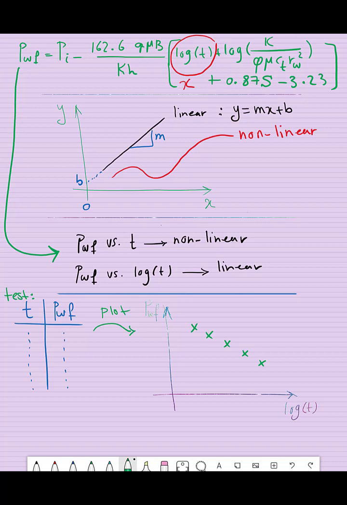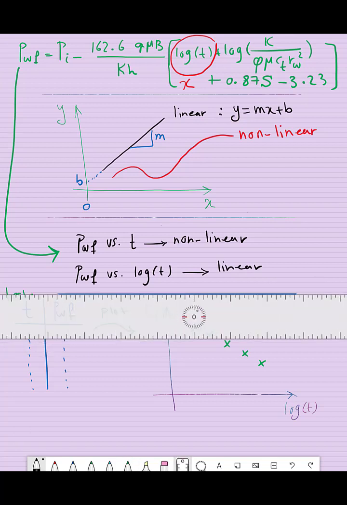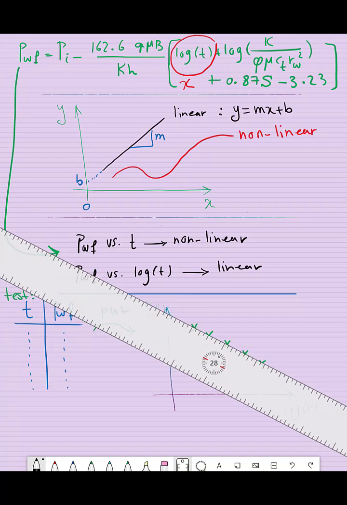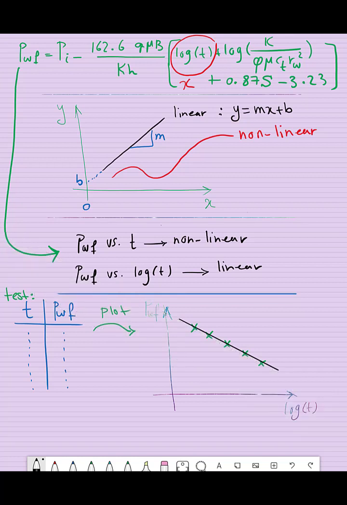So why not I fit a line here? I'm gonna fit a line. Okay, and this line has a slope, and I'm going to find the slope.